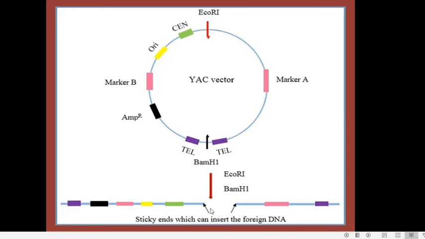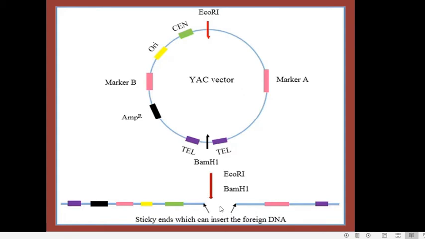And now here there is a space. If you use alkaline phosphatase, you can remove the phosphate group from the 5' ends so that they won't rejoin. And now you insert your foreign gene here with the help of DNA ligase. These are sticky ends because they are created by cutting with EcoRI. So here you can insert your foreign DNA which is also cut with EcoRI.